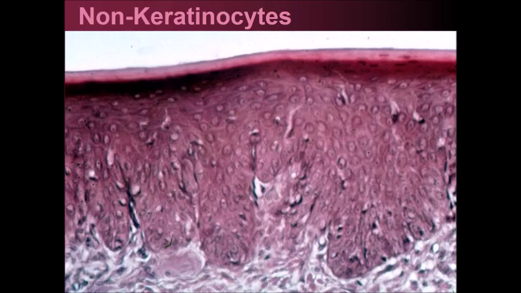They do not stain with eosin and hematoxylin, and they need special staining to see them. That's why we call them non-keratinocytes, or another name, clear cells, because they look clear, white in the sections.